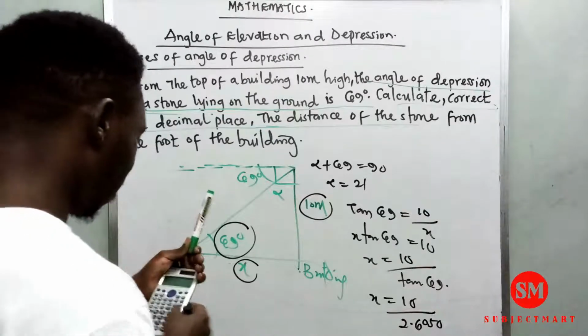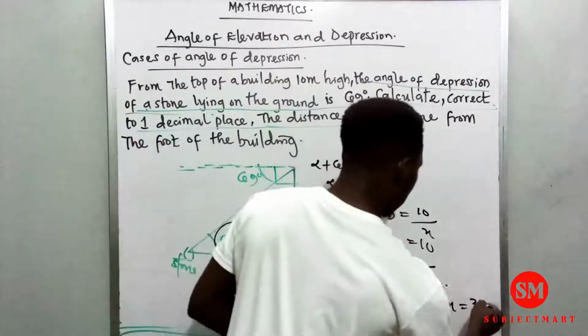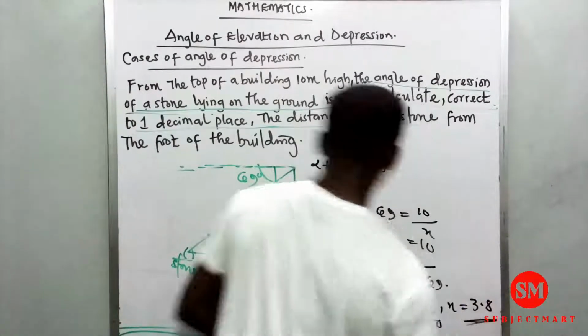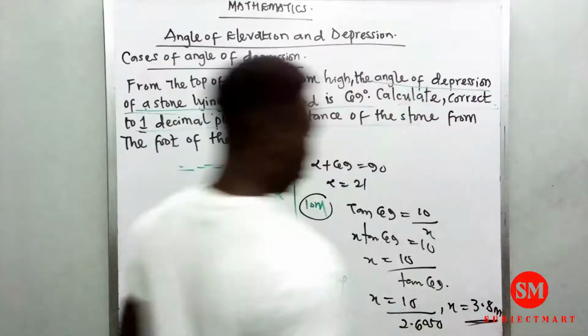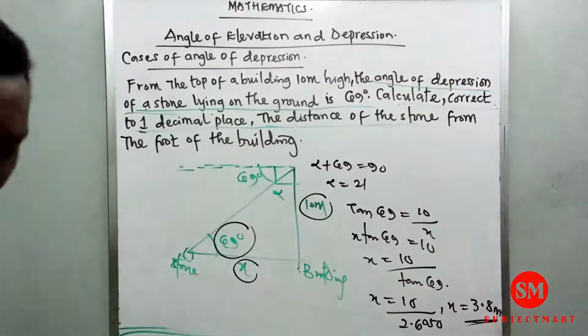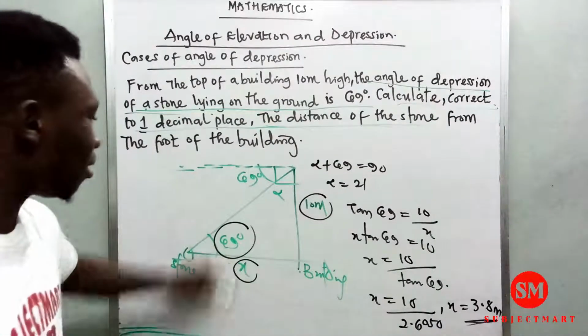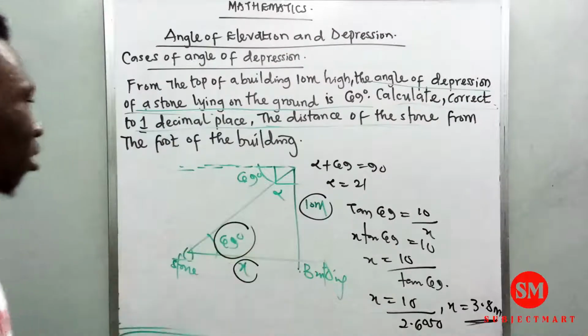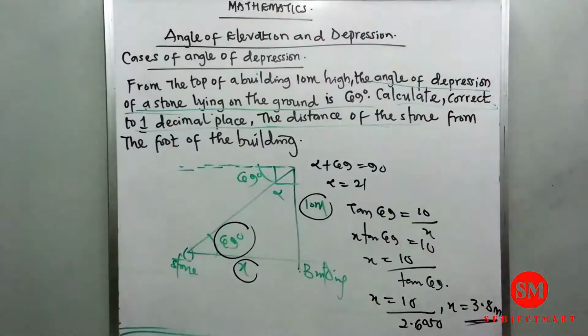That gives us a value of x equal to 3.8. Don't forget they said to 1 decimal place. So 3.8 meters. So having gotten 3.8 meters, I said we're going to solve this simultaneously with 69 degrees and with our alpha here, which is 21.